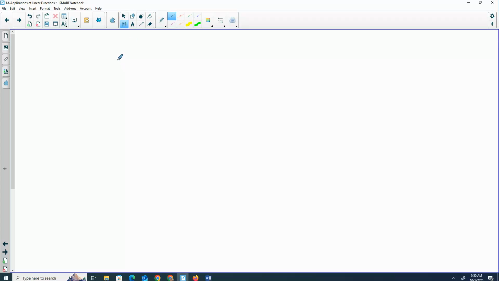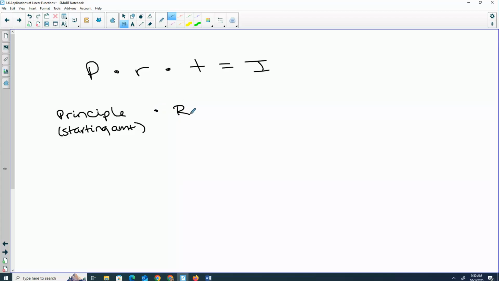Do you guys know the formula for simple interest? P times R times T equals I. So it's principal. That just means starting amount. Times rate, which is your percent, times your time, which has to be measured in years, equals the amount of interest earned.